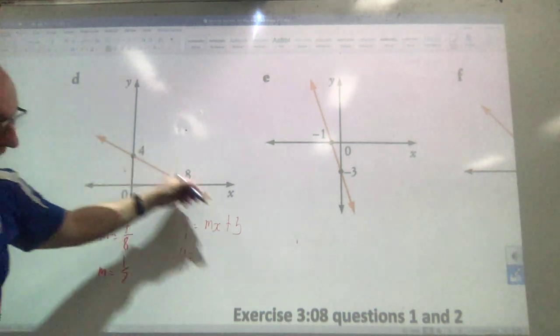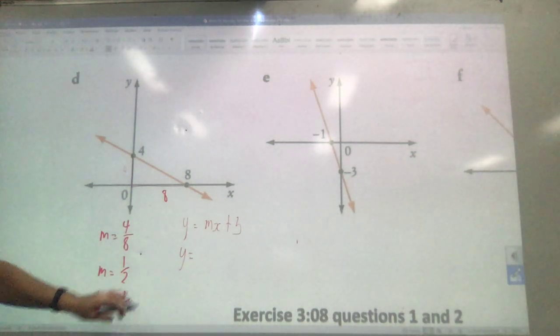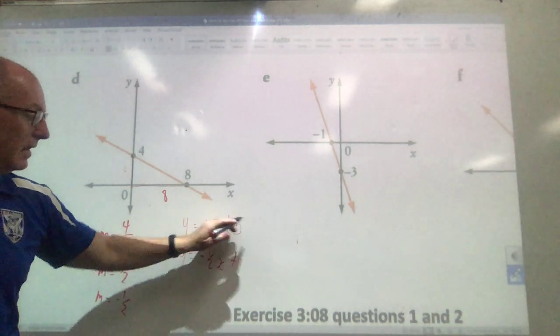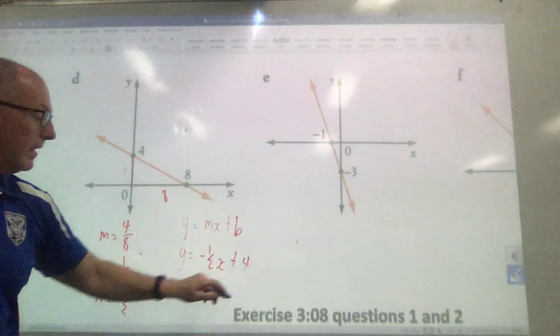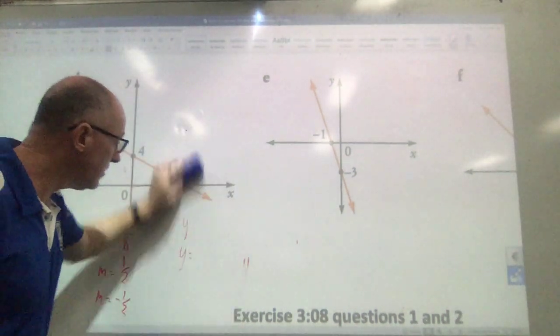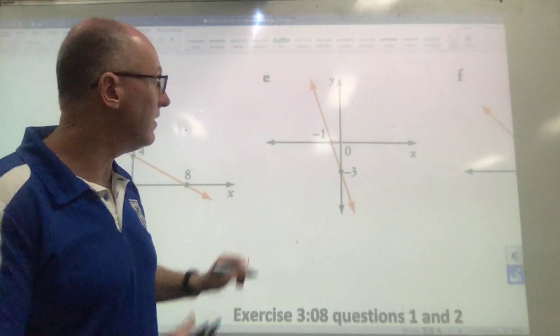Remember the line is going down, so the gradient is minus a half. We put that in there. Minus a half x, and the y-intercept is at 4. And there's our equation of that line there. So yeah, they're not too hard. A bit of logic involved, but they're not as hard as that previous exercise by a long shot.